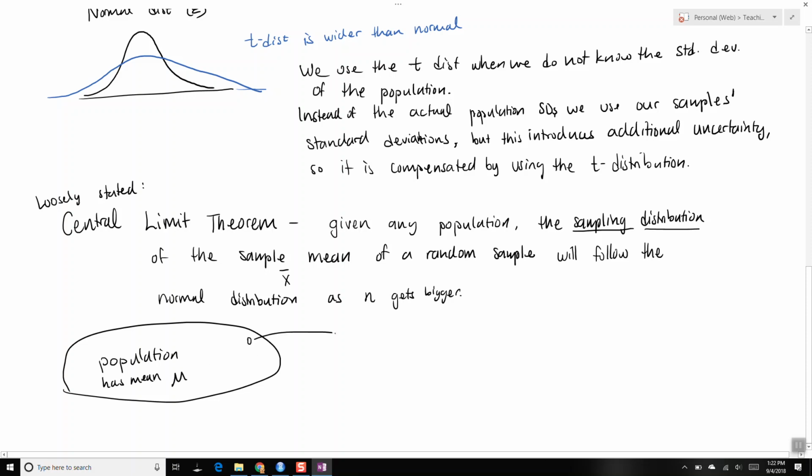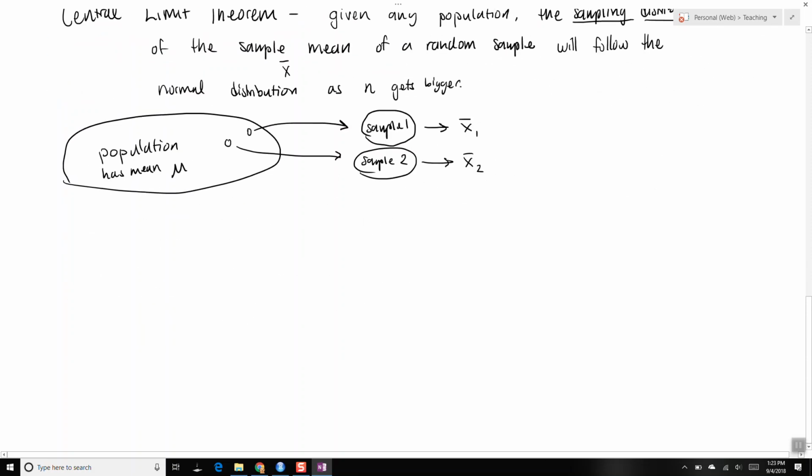If we draw sample 1, which produces x bar 1, and then we draw another random sample, sample 2, which produces x bar 2, and then sample 3, so on and so forth, each of these producing a different x bar.